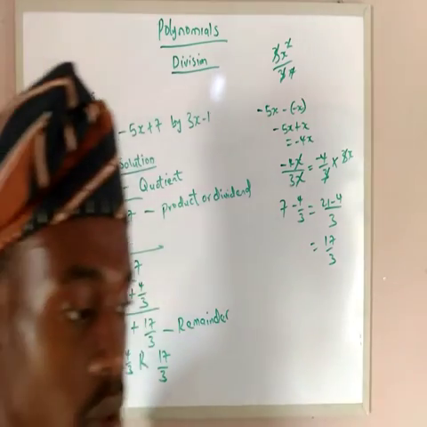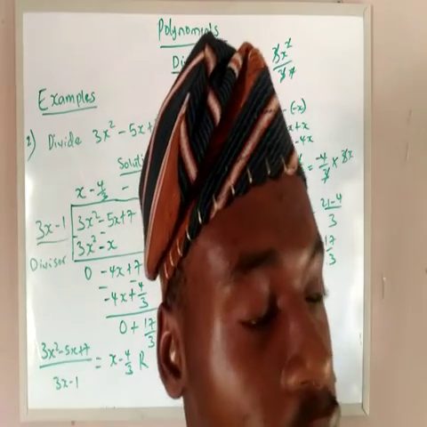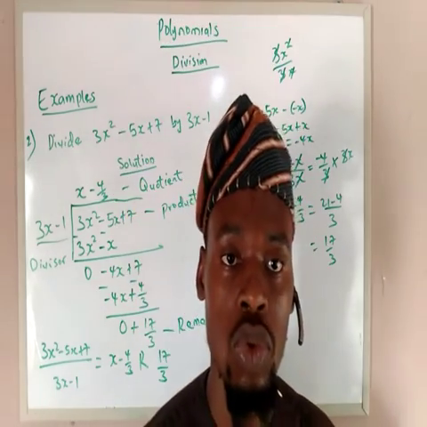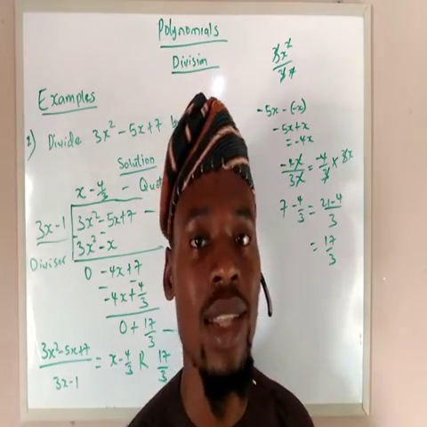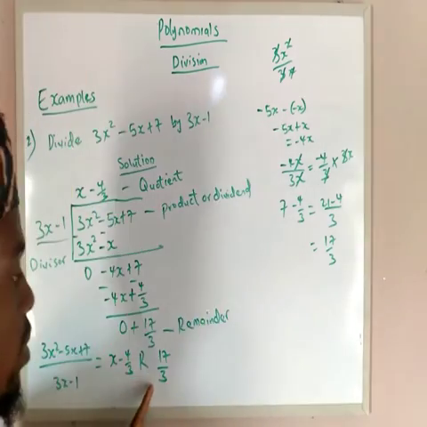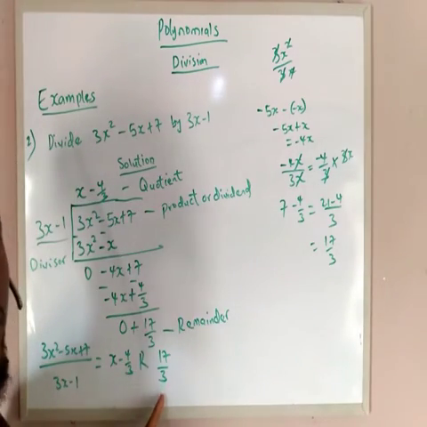When you divide 5 by 2, you have 2 remainder 1. So that's exactly what has happened here. That's why we are having 17 over 3 here. That's our remainder.